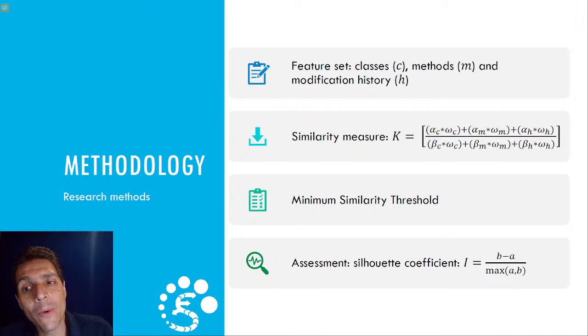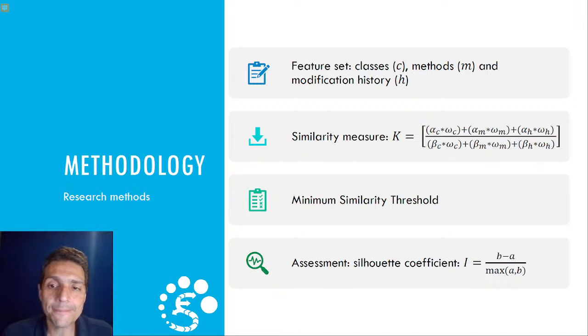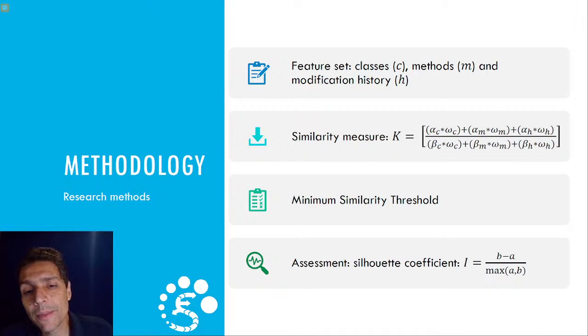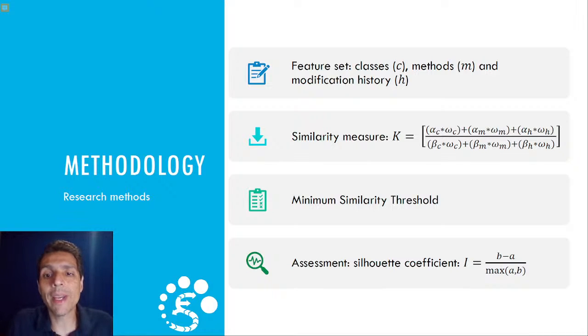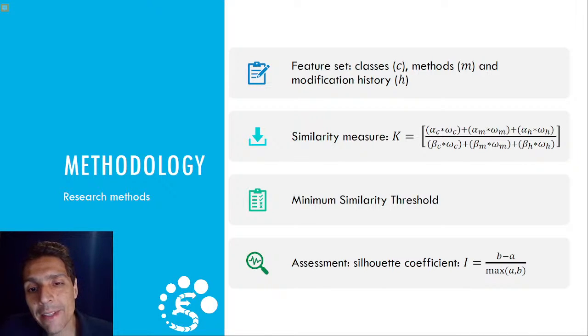So we calculate this similarity measure for each microservice pair, and we start joining together microservices. We use a hierarchical clustering approach, which starts joining together the most similar microservices, and every time we join, we calculate the similarity measure again to see if it matches the threshold.